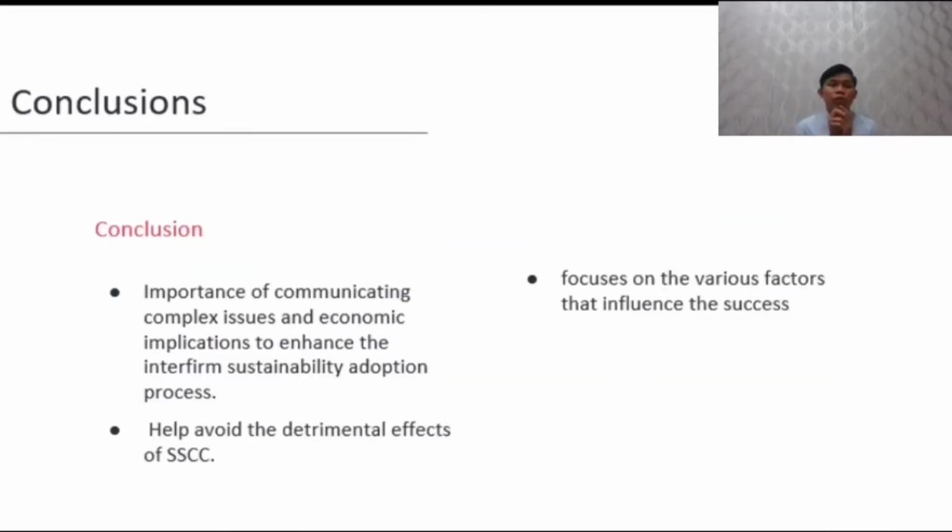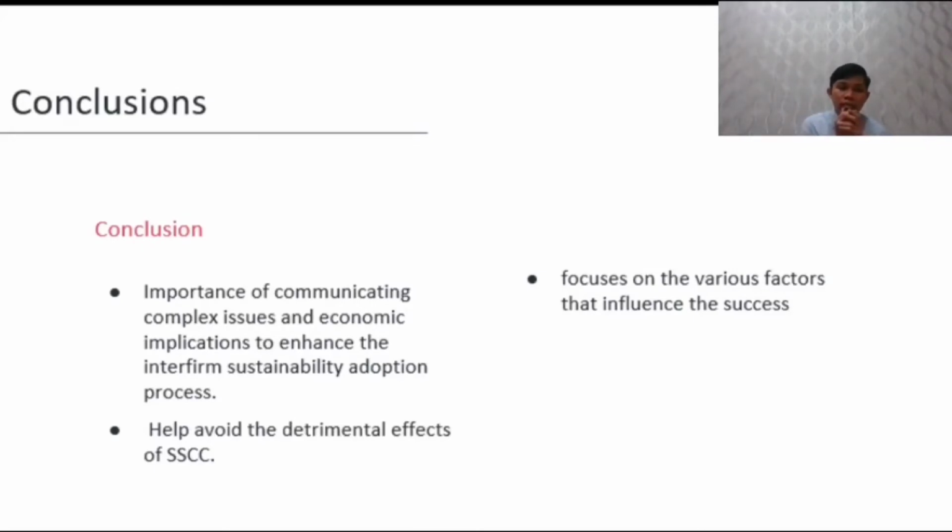For the conclusion of this article, the author wants to conclude the importance of communicating complex issues and economic implications to enhance the interfirm sustainability adoption process. This approach can help avoid the detrimental effects of SSCC.